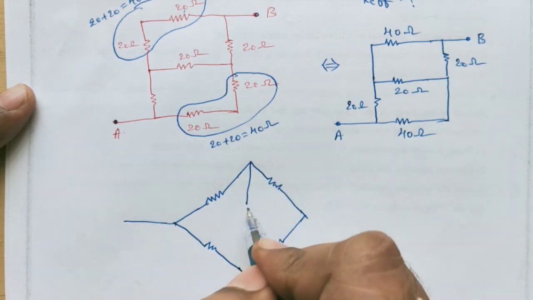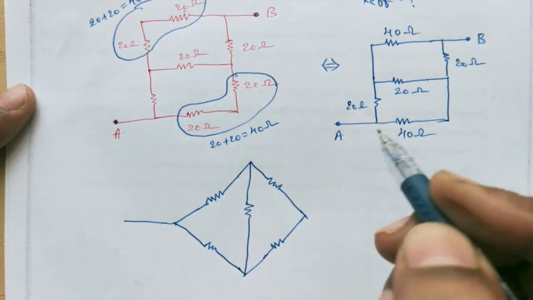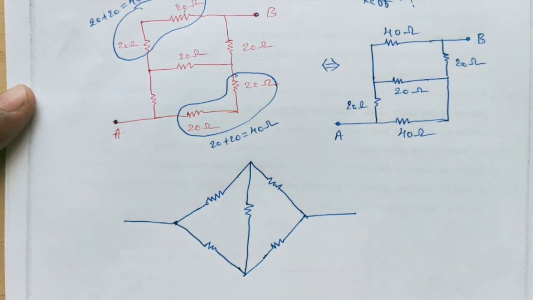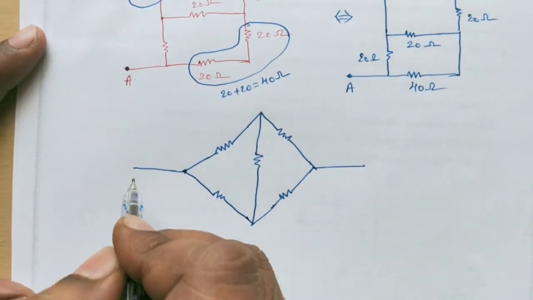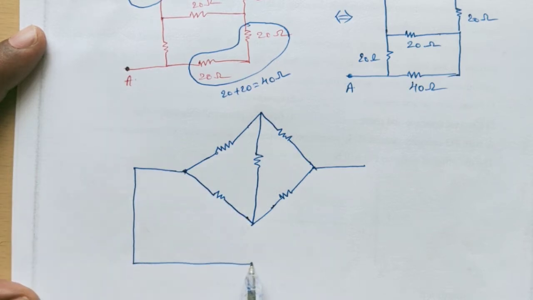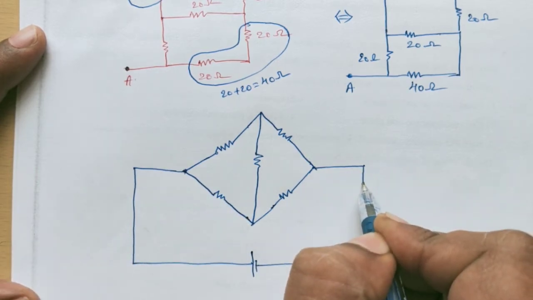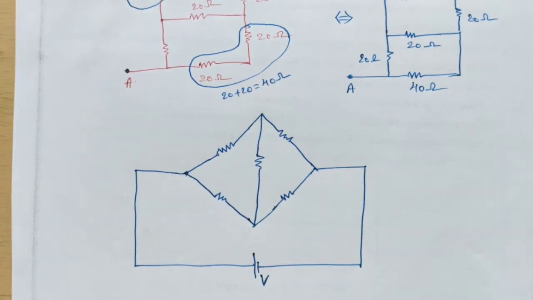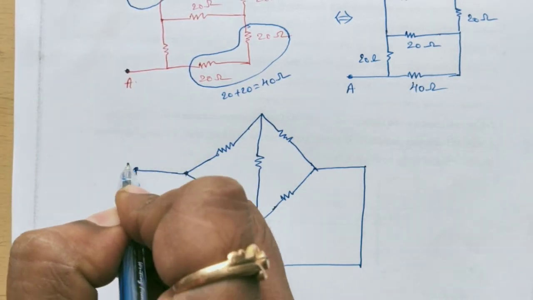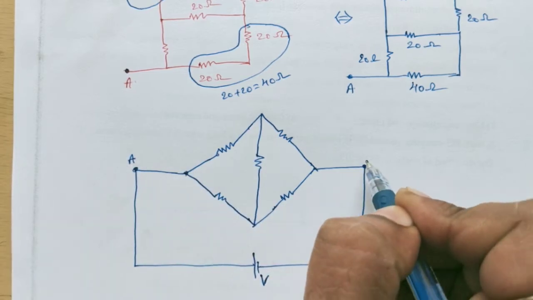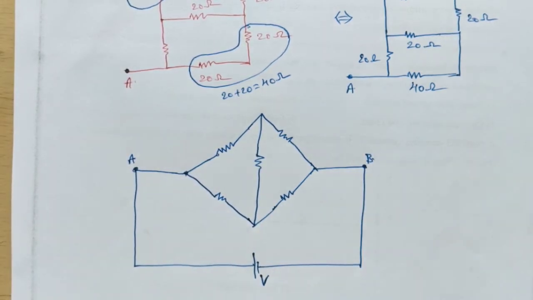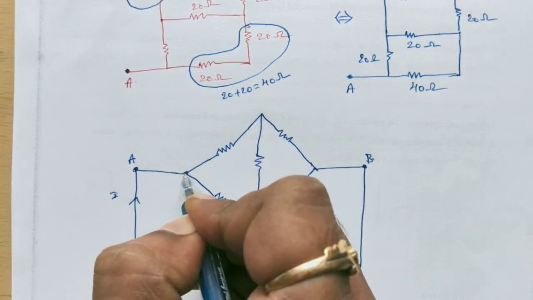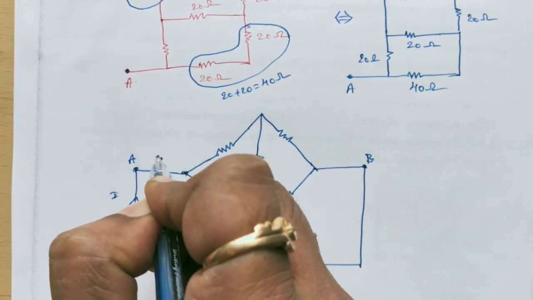Here one more resistor is present, like this. See students, in a Wheatstone bridge, between these two ends we introduce one battery in general. So I introduced one battery like this. Clearly, this one is A and this one is B. When the battery is introduced, some current I will be coming.